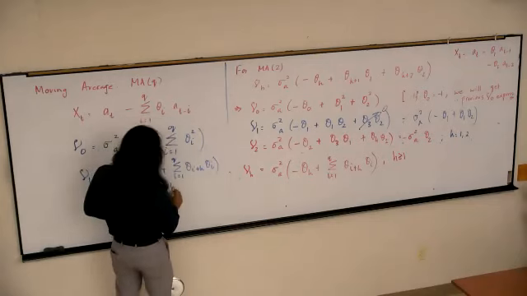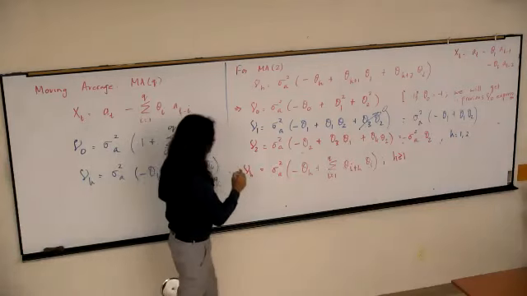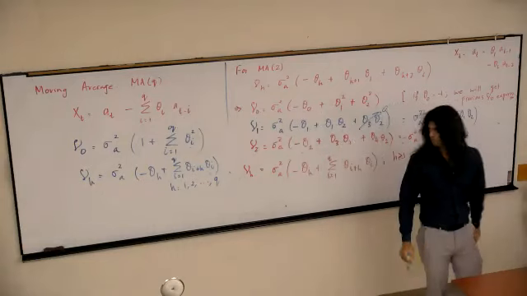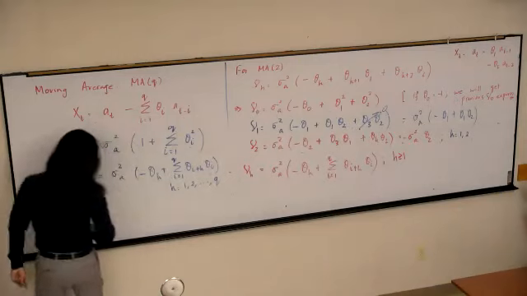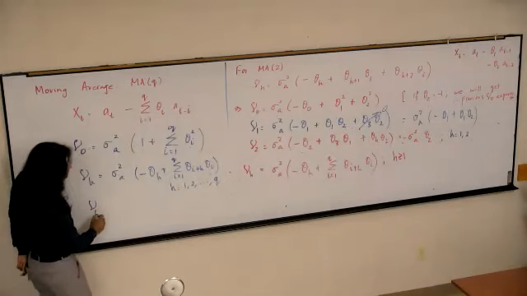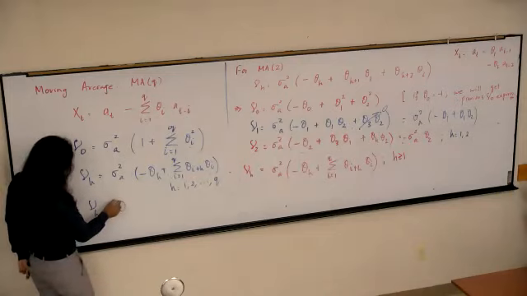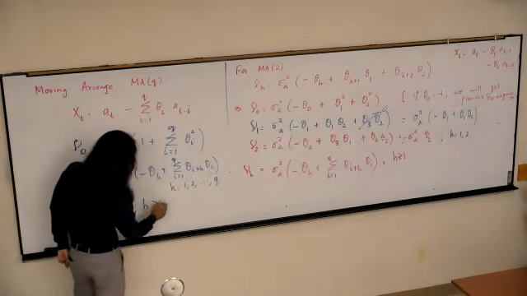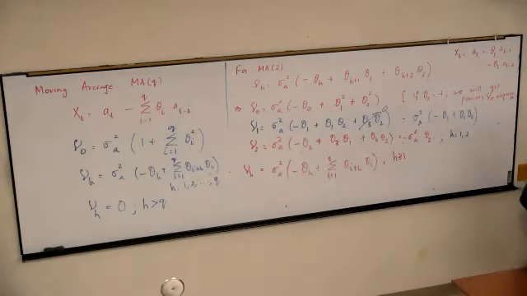The restriction being H must be 1, 2, up to Q. You've got to stop at Q. What happens for any value bigger than Q? 0. And that is the autocovariance function of an MAQ model.